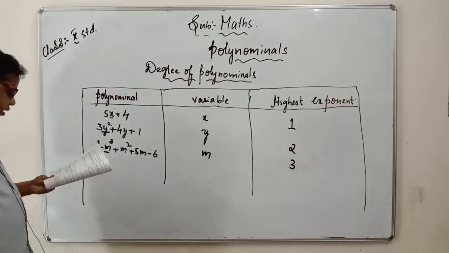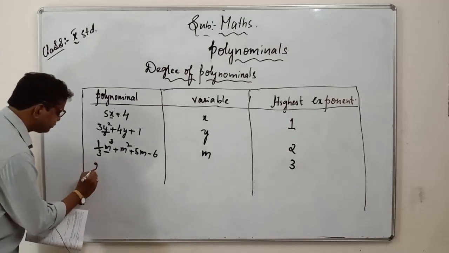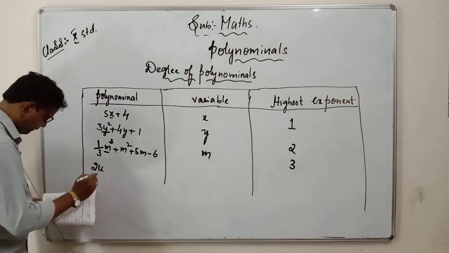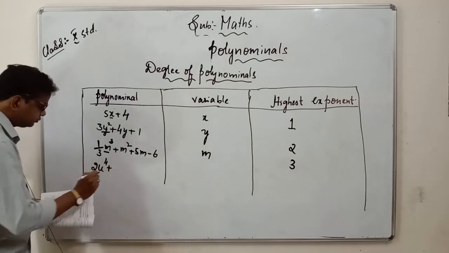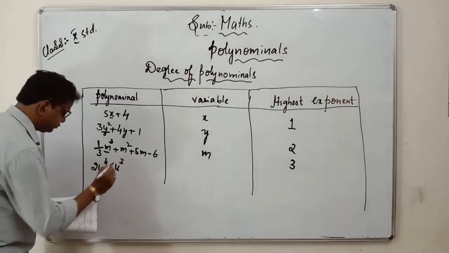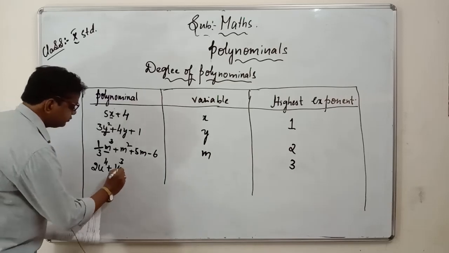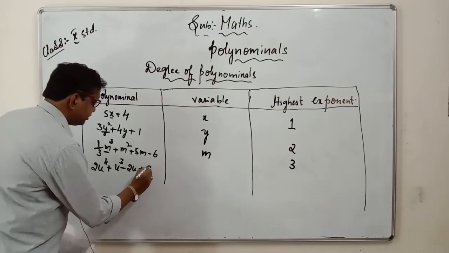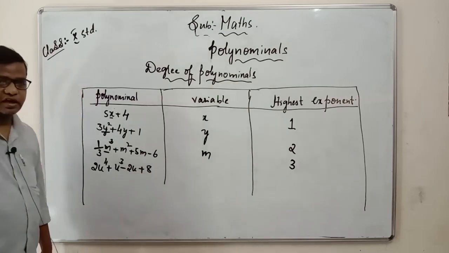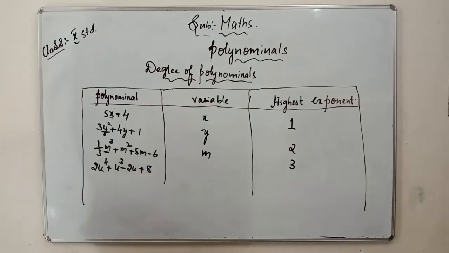And the last one, plus 8. Now observe it very carefully. Which is the variable here?